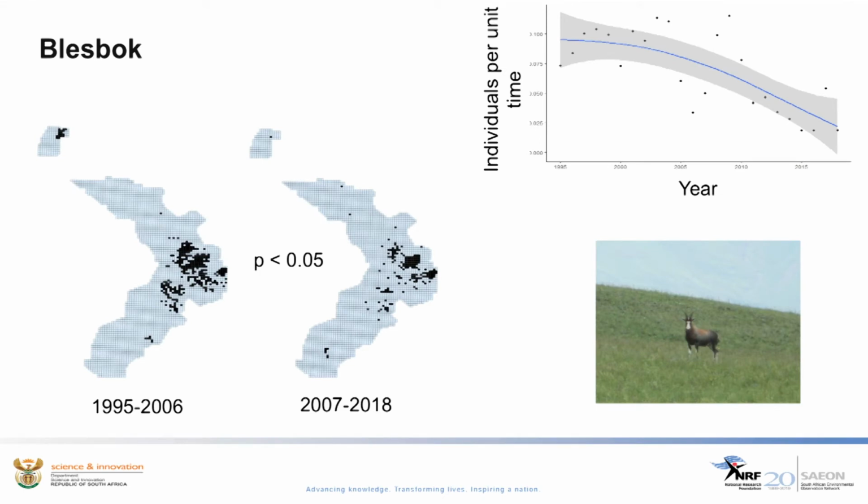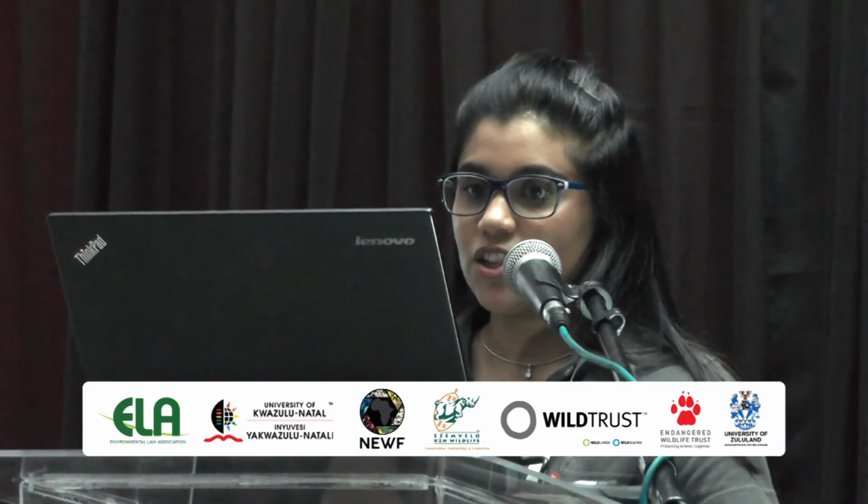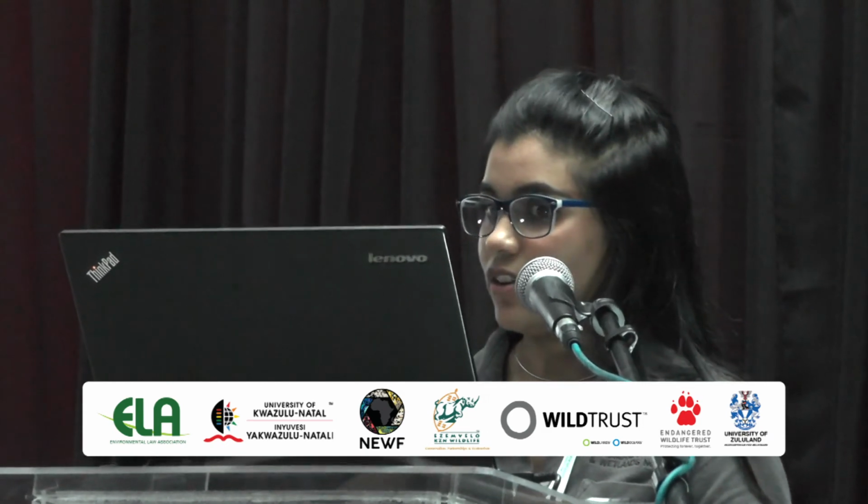And looking at our first species, we have blesbuck. After being introduced into certain areas and becoming well established in the 70s and 80s, the blesbuck population in the Drakensberg started experiencing a continuous decline from 1995 to the current year, and their distribution also decreased significantly over the years. So all these population trends are from 1995 up until the current year.